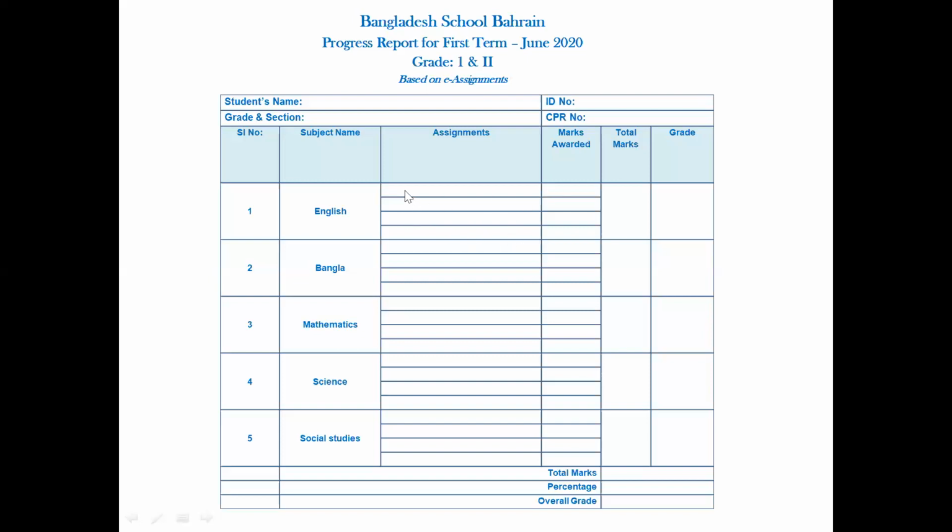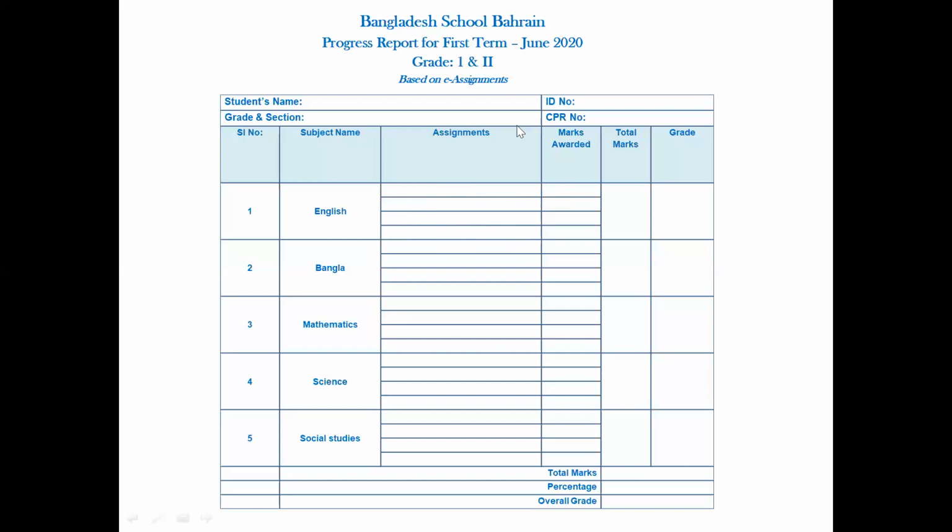Sometimes it may take more space than what is given here. In that case, reduce the font size so that it will fit in this particular cell. I want you to do so because I have tried to make each progress report one page.